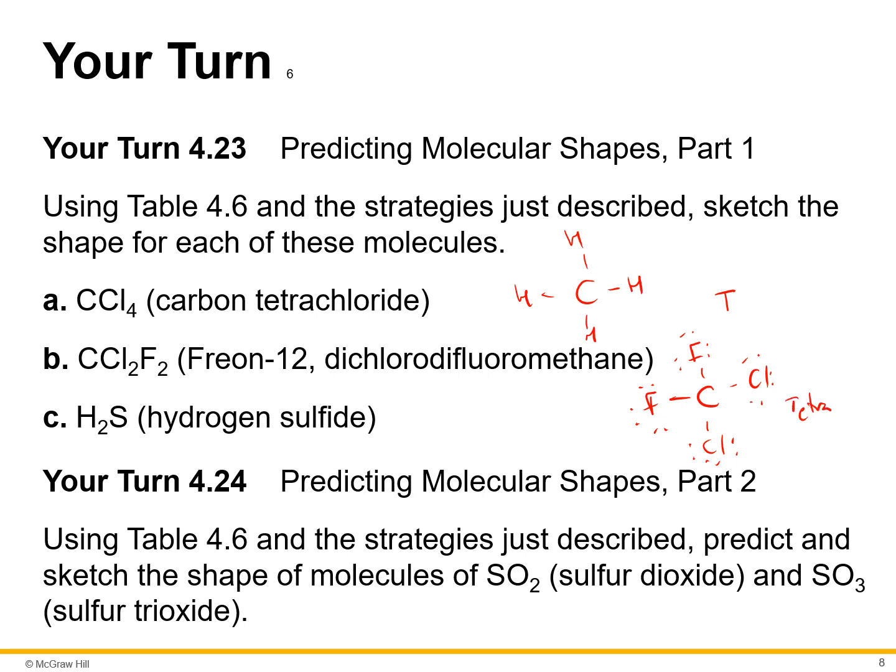The hydrogen sulfide, SHH. This is bent because it has two groups and two lone pairs. And next they're asking you to draw the shape, and I'll give you a clue. This one starts with B. And this one starts with, well, let me just draw the Lewis structure for you.